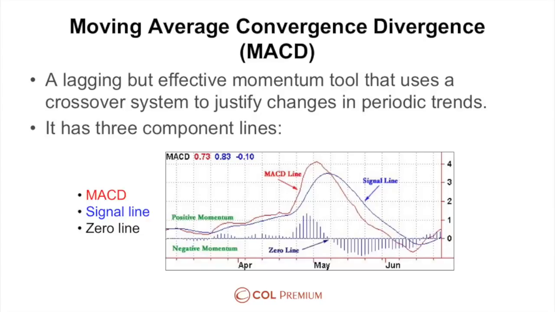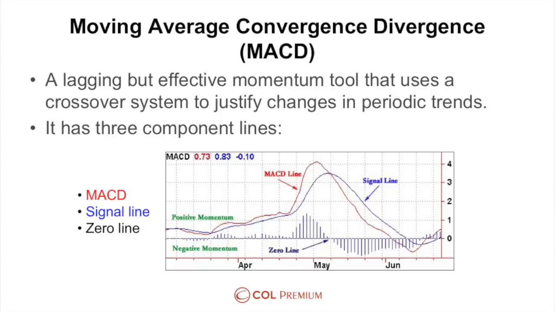In sideways environments, it's still best to look at price and volume, as opposed to looking at your indicators, particularly moving averages and MACD. So MACD is best used in trending environments.